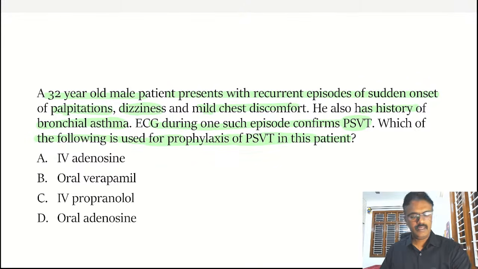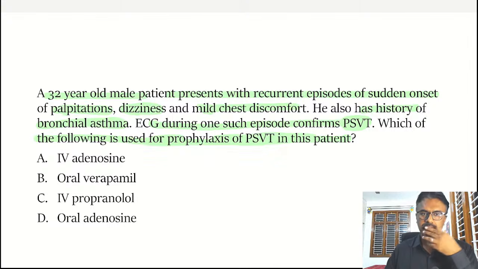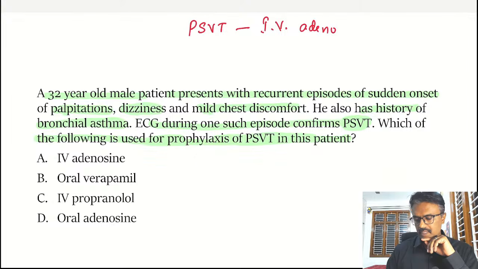Now the point is, I will increase my speed, but you also should increase the patience level, because you must read the question carefully. See, the patient is having PSVT. Suppose it's an emergency, the drug of choice will be IV adenosine. But the question is, the patient is requiring prophylaxis.